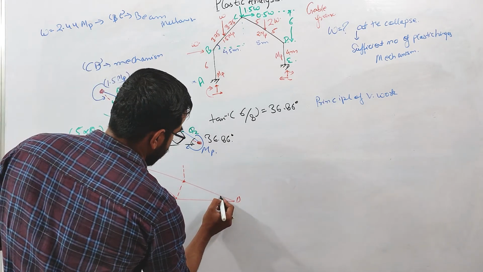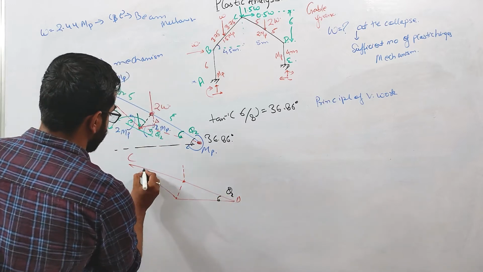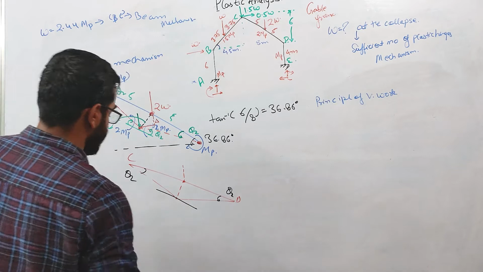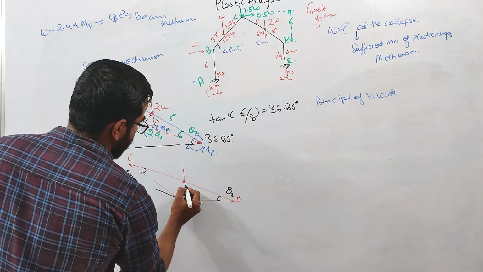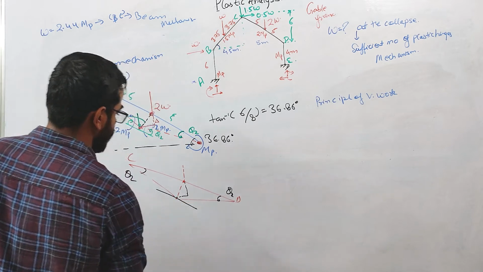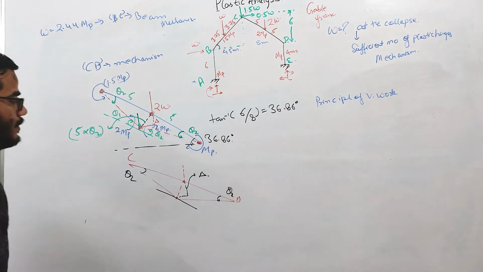So this is theta 2, this is theta 2, right? We need to calculate basically this delta.